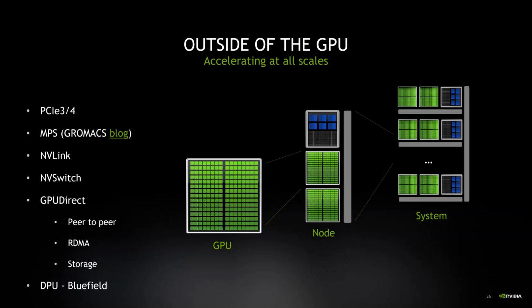I mentioned a thing there called MPS. That's Multi-Process Service. If you're running an MPI code, for example, this can be really useful to help balance out your workload, and also try to fully exploit all the power of the GPU. So this allows you to have multiple MPI processes per GPU.